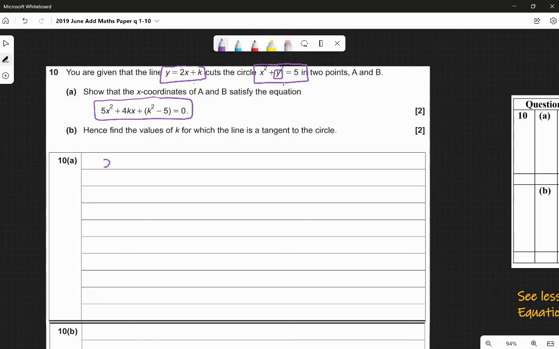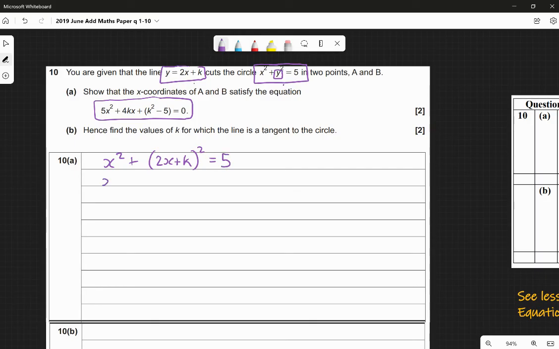So that gives me x squared plus, instead of y squared, I'm now going to have (2x plus k) all squared equals 5. Now I'm going to expand that.